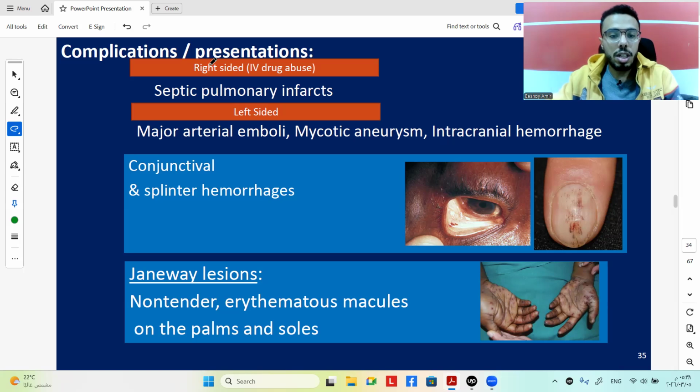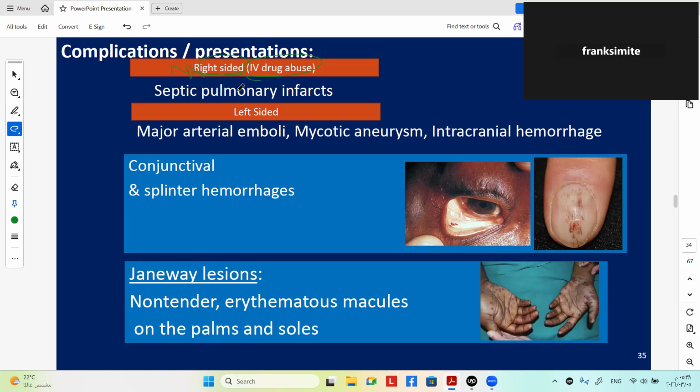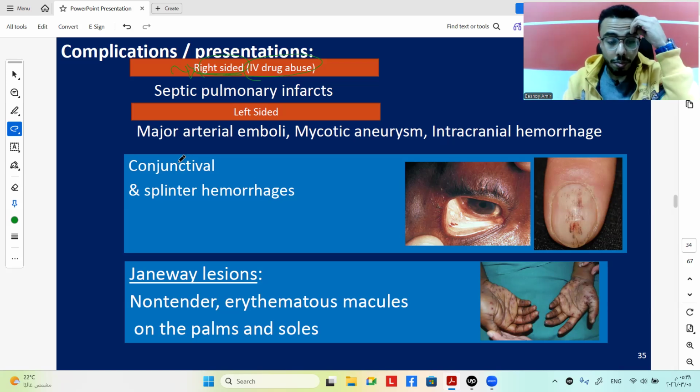Okay. So clinical presentation: if it's right-sided infective endocarditis, it's due to IV drug abuse mainly, because it's intravenous into the heart. It would cause septic pulmonary infections because the right side pushes blood to the lungs.